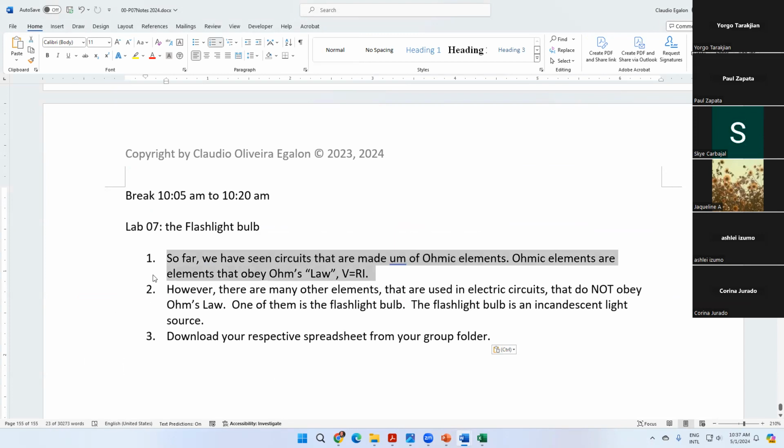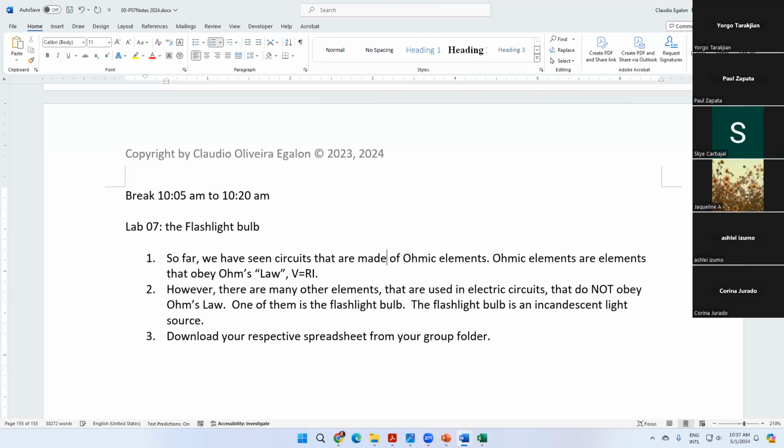What you have to know. So far we have seen circuits that are made of ohmic elements only. How do we define ohmic elements? Ohmic elements are elements that obey Ohm's law, V equal to Ri. Resistors are ohmic elements.